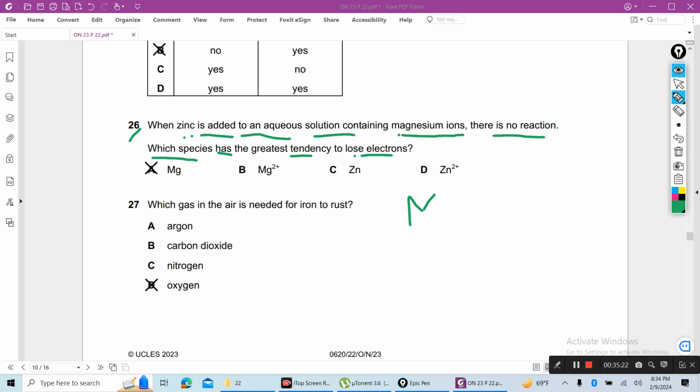Magnesium is more reactive, so magnesium has a greater tendency to lose electrons. Magnesium ion, Mg2 plus, is more reactive, that's why zinc cannot displace magnesium.